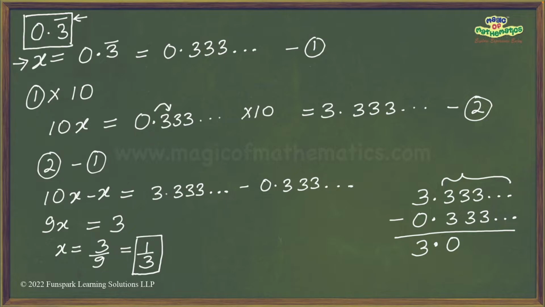Let us now move on to a slightly more complex example, say 0.47 recurring. The bar here shows that the sequence of digits 47 keeps on repeating forever, which means this number equals 0.474747 and so on.